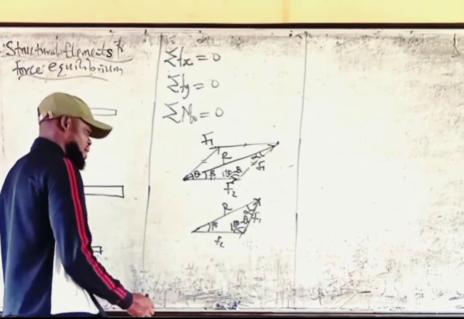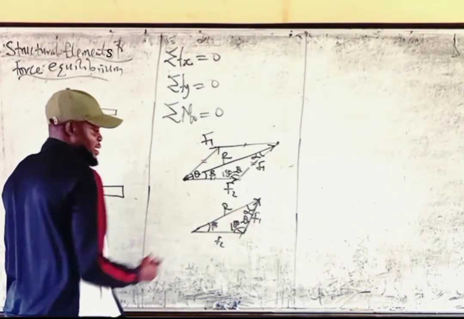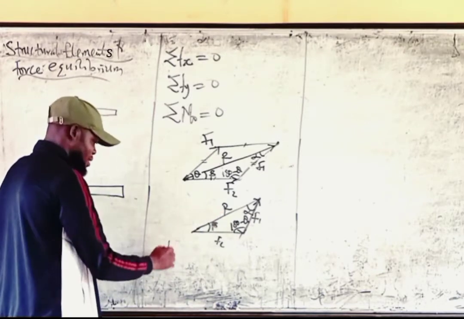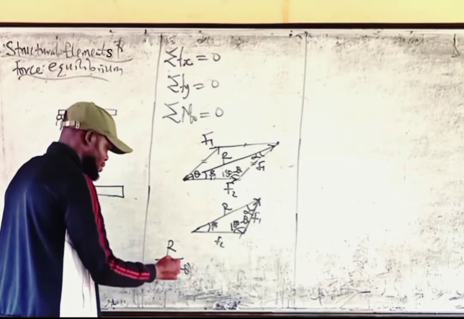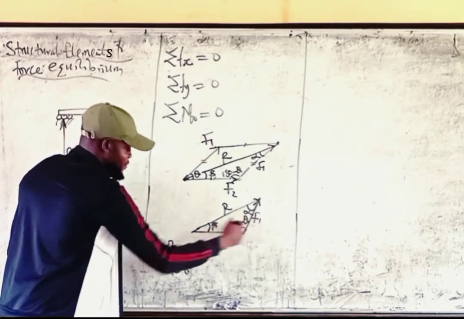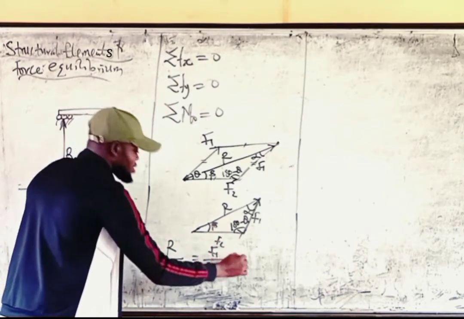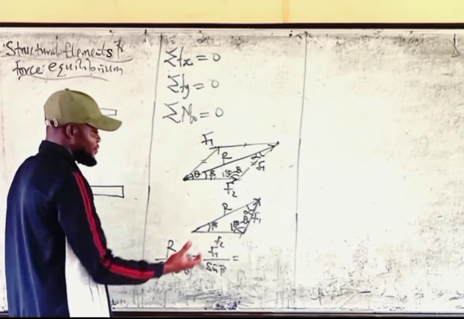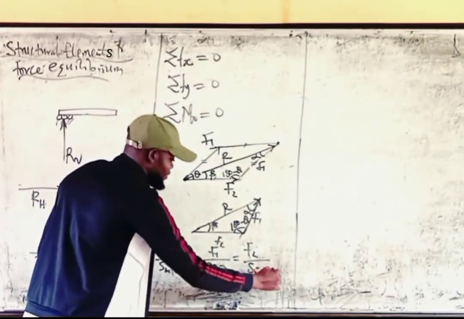What does the sine rule state? What is the sine facing this 180 minus theta? So R over sine of 180 minus theta must be equal to F1 over sine beta, which is the sine facing this, and it is also equal to F2 over sine alpha.